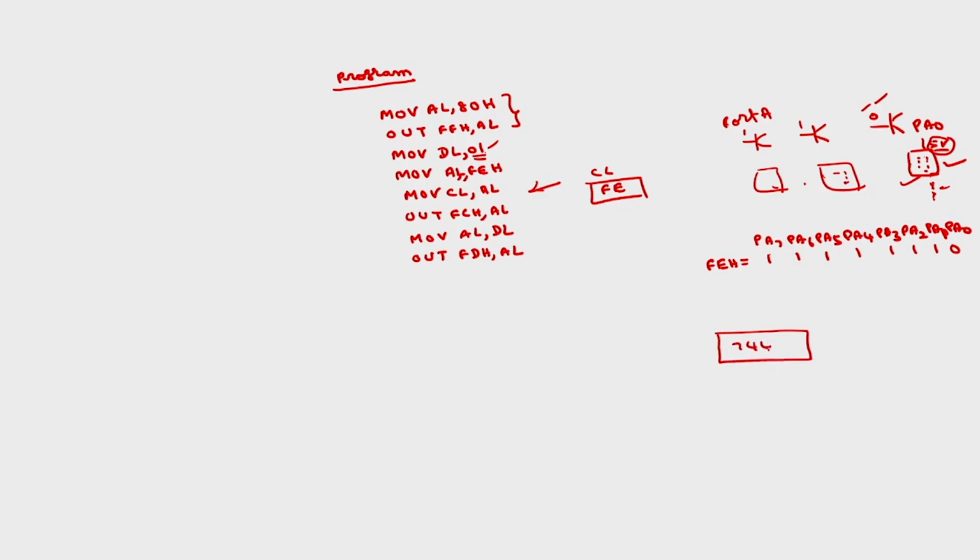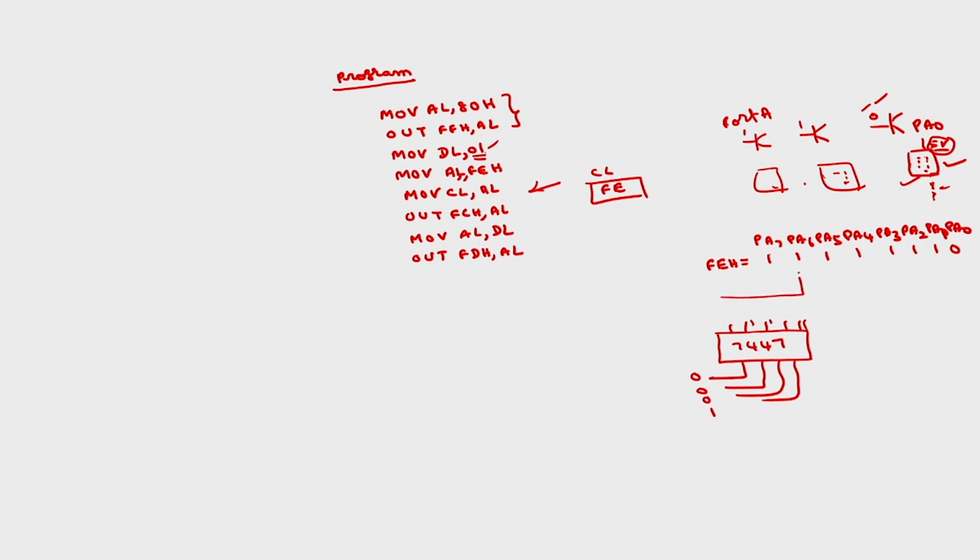This is 7447. Here you are going to apply this 01, meaning the last digits will be 0 0 0 1. So that this will generate a code corresponding to 1. So B and C will be 1.